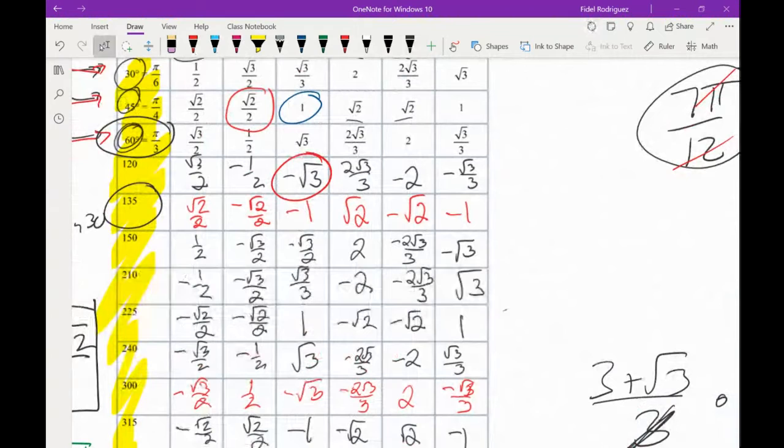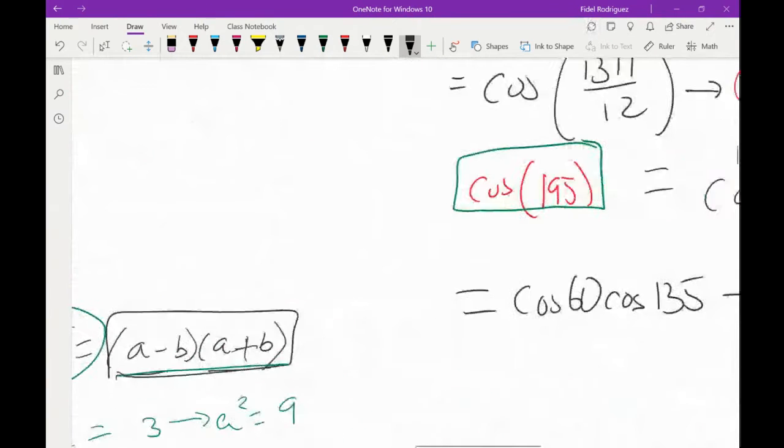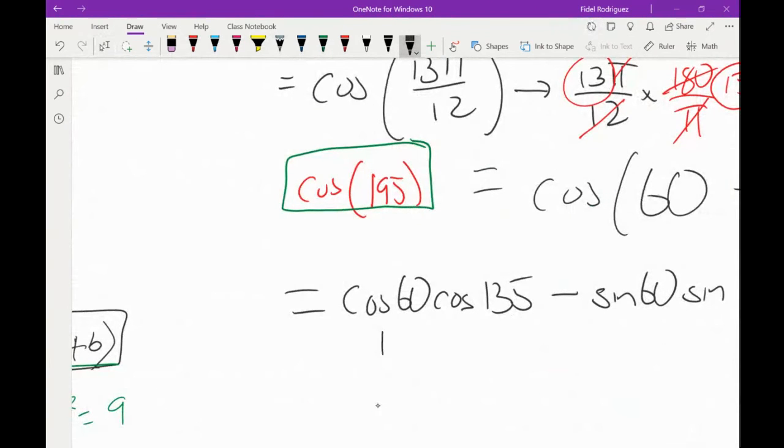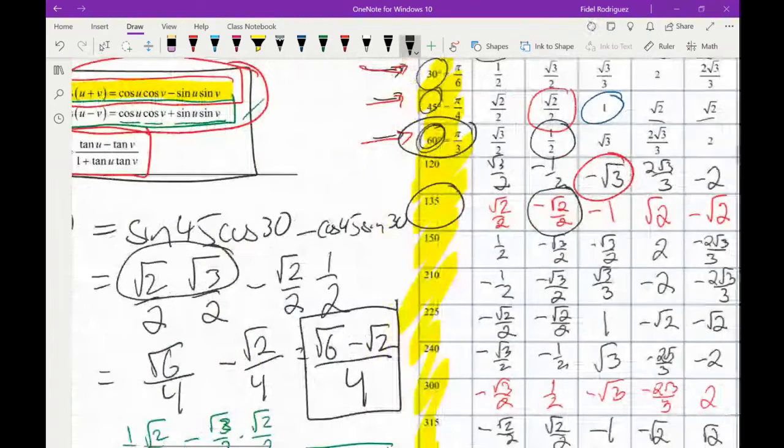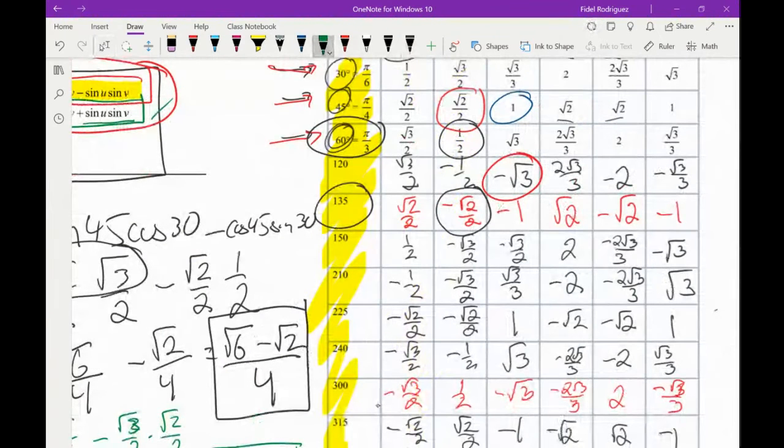Okay, cosine of 60 is 1/2. Cosine of 135 is negative square root of 2 over 2. So we're going to say 1/2 times the negative square root of 2 over 2 minus sine of 60, which is square root of 3 over 2, and sine of 135, square root of 2 over 2.